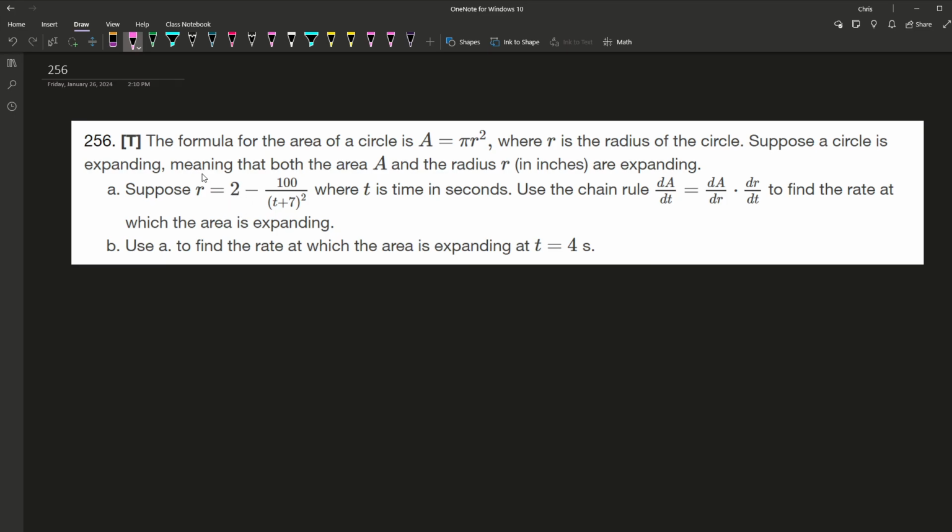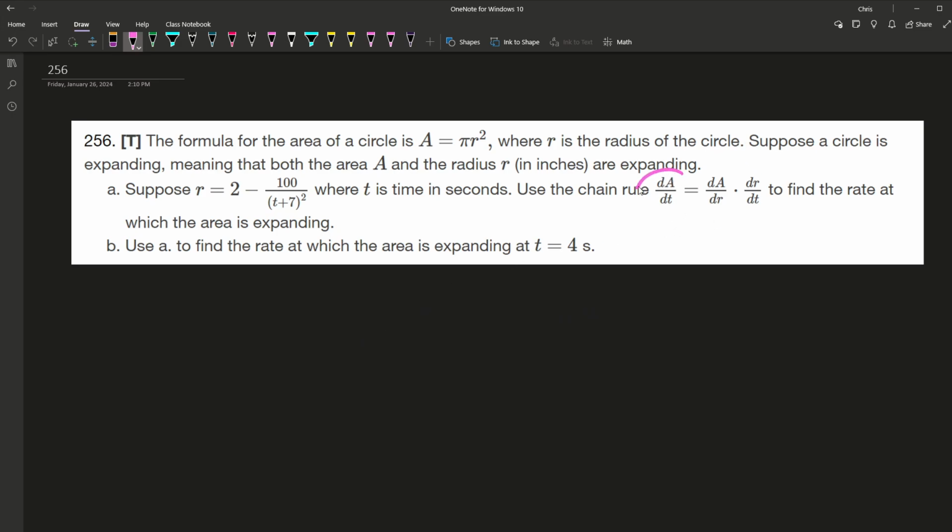Suppose that r is equal to 2 minus 100 over t plus 7 squared, where t is time in seconds. Use the chain rule to find the rate at which the area is expanding. And then use A to find the rate at which the area is expanding at t equals 4 seconds.